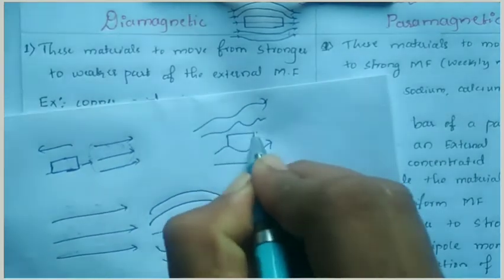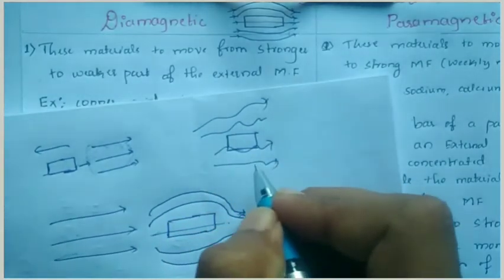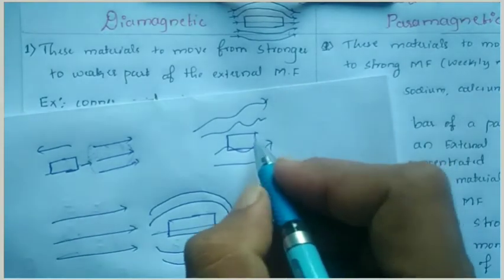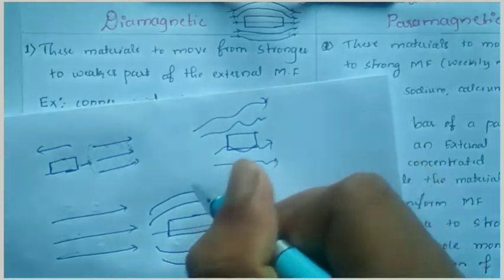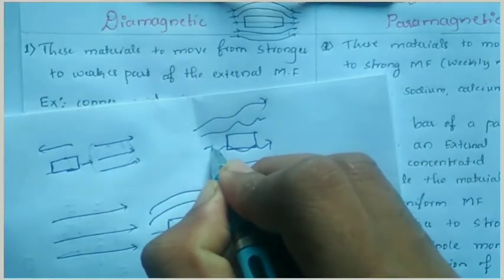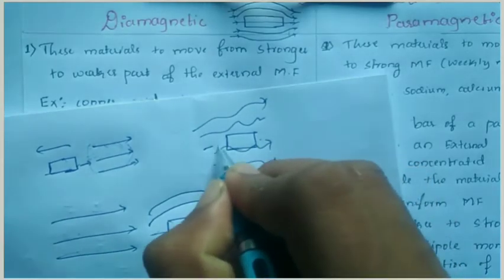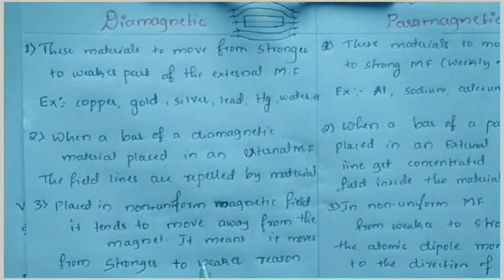When you keep a diamagnetic material inside this non-uniform magnetic field, it will be repelled and move from the stronger magnetic field to the weaker magnetic field. It moves from stronger to weaker.